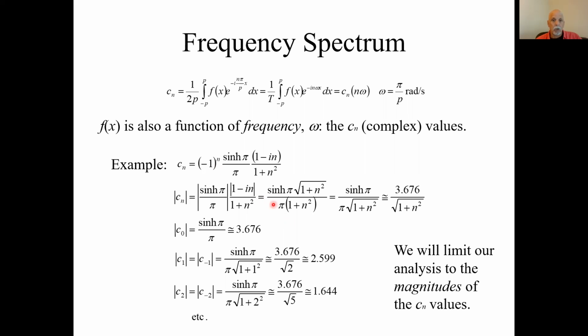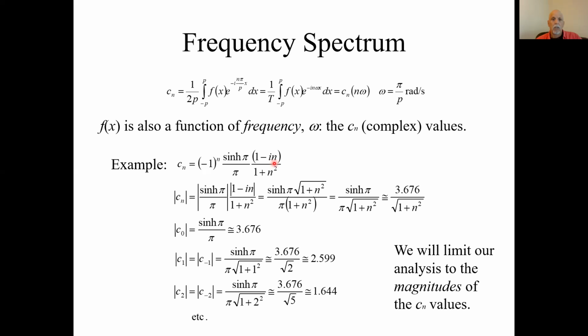So it didn't even show up down here. Hyperbolic sine of pi is a positive real number, so that just shows up as sinh pi. Pi is a positive real number, that just shows up as pi. 1 plus any number squared, I mean n is real, in fact it's an integer, this is just a positive real number, again it just shows up as itself.